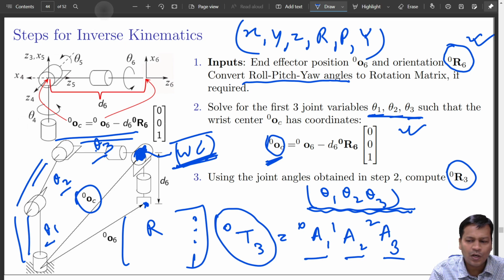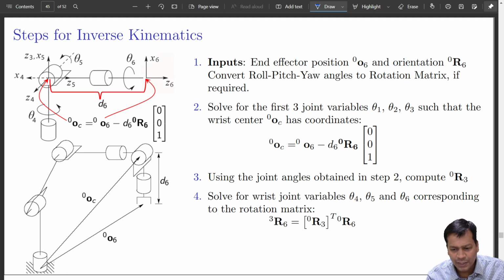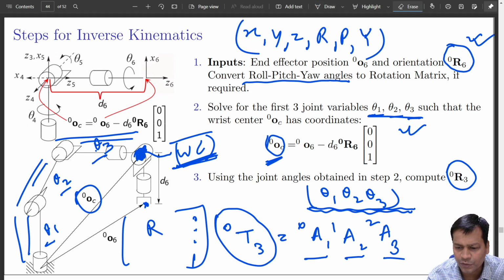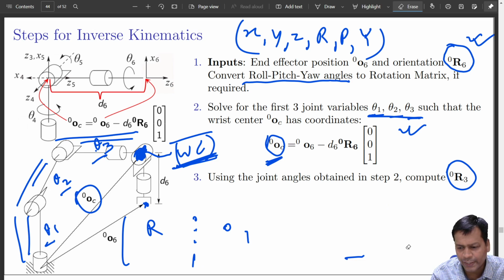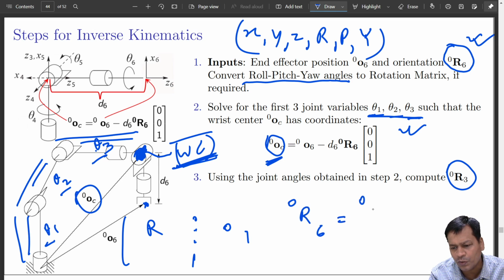So now what we can do is, let me write down this much once again. A simple thing that I want to write so that you can get it quickly. Basically the rotation matrix 0R6 of the end effector will be equal to 0R3 times 3R6. Is it not? Any matrix can be written like this?